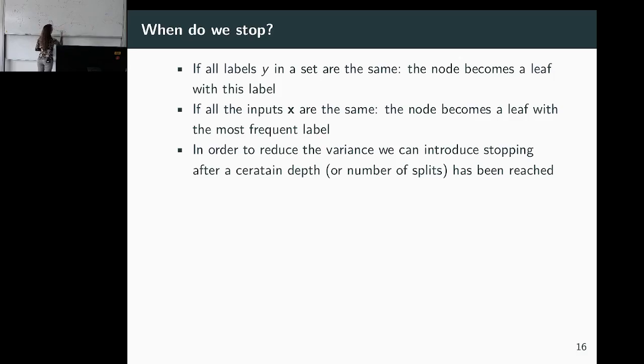That means we are starting to overfit. If we see it like this, then we say, okay, we are stopping here. We take the tree which we had at this point, because this was our best.